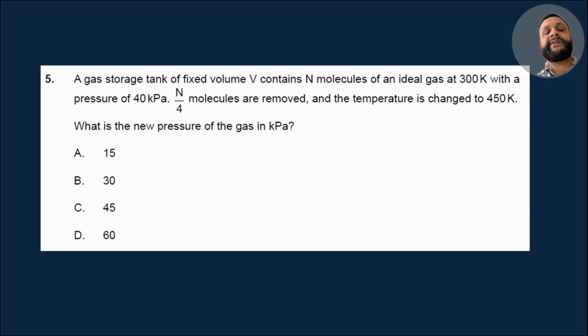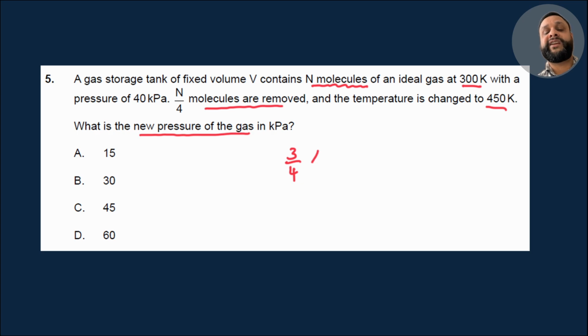A gas storage tank of fixed volume V contains n molecules of an ideal gas at 300 Kelvin, with a pressure of 40 kilopascal. n by 4 molecules are removed, and the temperature is changed to 450 Kelvin. What is the new pressure of the gas in kilopascal? n by 4 molecules are removed, that means we have 3 by 4 molecules left behind. So let's work out how much pressure they will exert at 300 Kelvin.